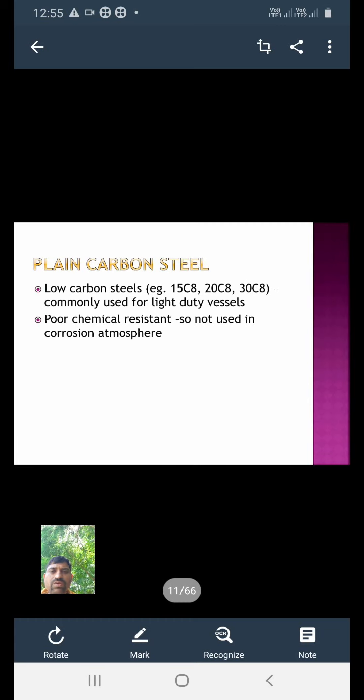Due to its poor chemical and corrosion resistance, plain carbon steel pressure vessels are not used in a corrosive atmosphere.